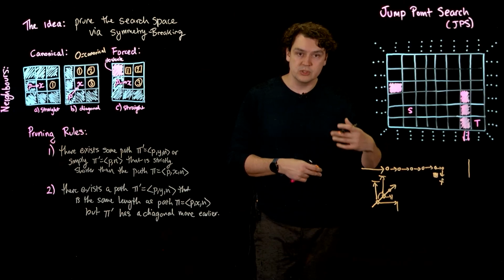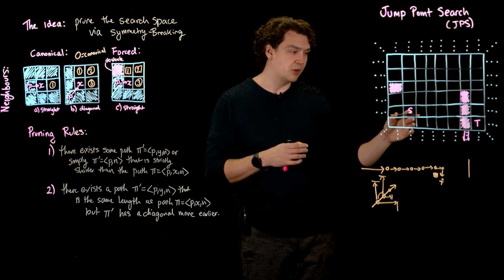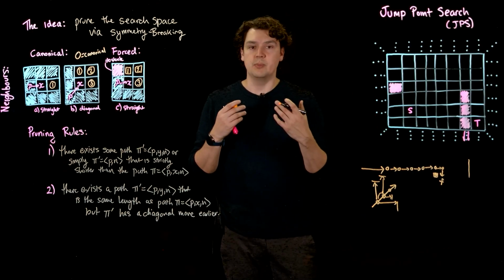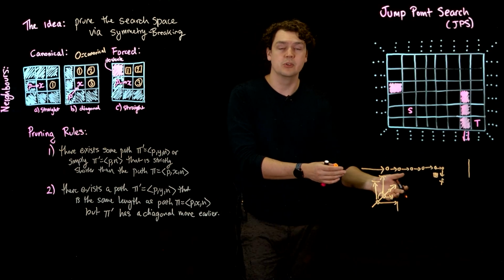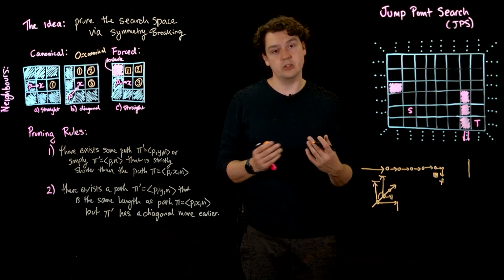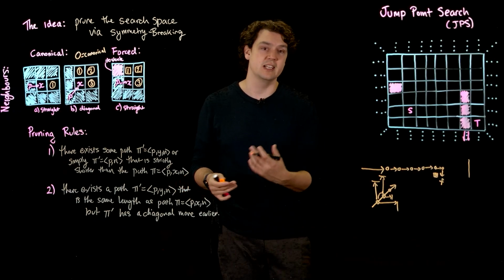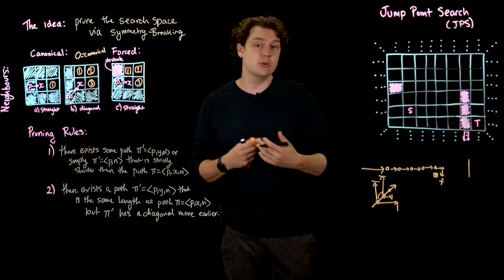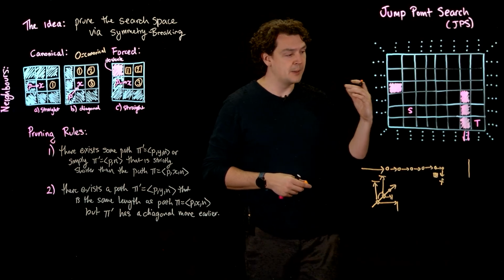So diagonals, right, they have to occur first, they have this priority, but because we have to enforce this diagonal first moveset, well, we need to make sure that we scan along the straights first and we don't identify anything that's important, so we don't miss anything in the search space.